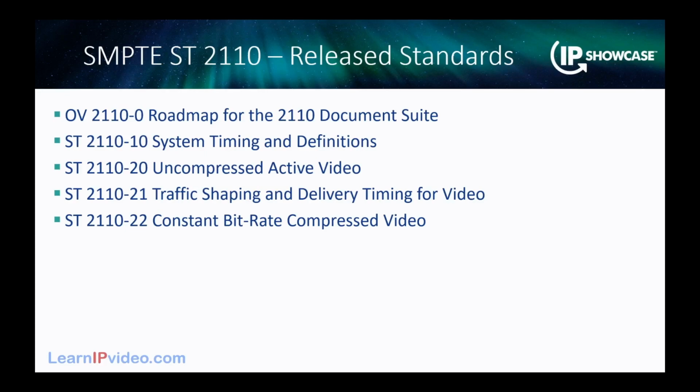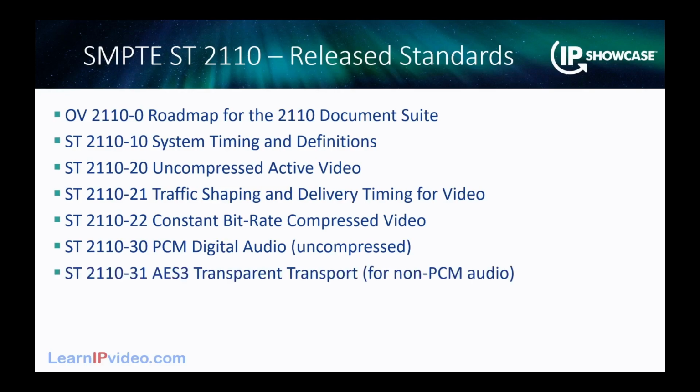Constant bitrate compressed video is 2110-22. We just did a big interop at Wuppertal at Riedel headquarters where we had many vendors sending and receiving compressed video streams using JPEG XS. PCM digital audio, uncompressed. We have AES-3 transparent transport for non-PCM audio.